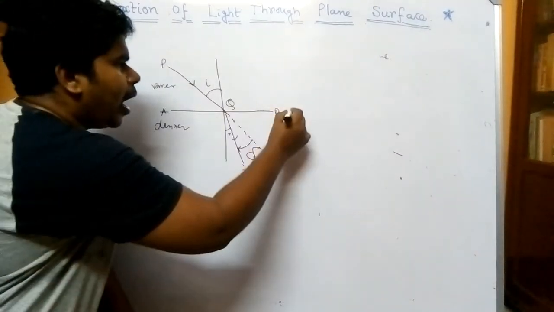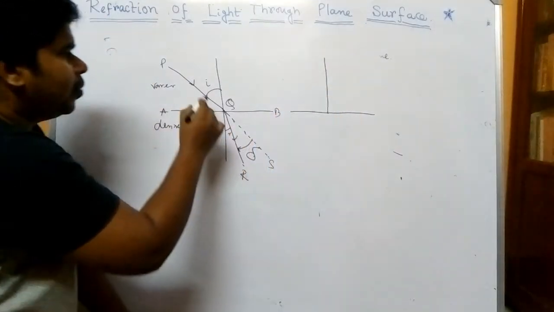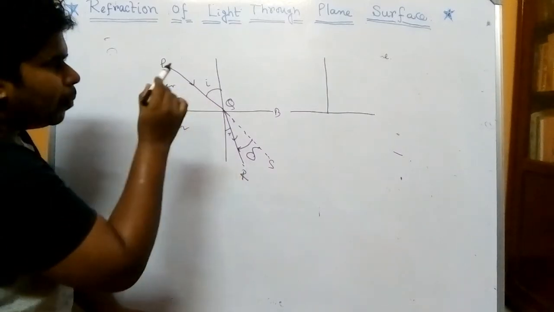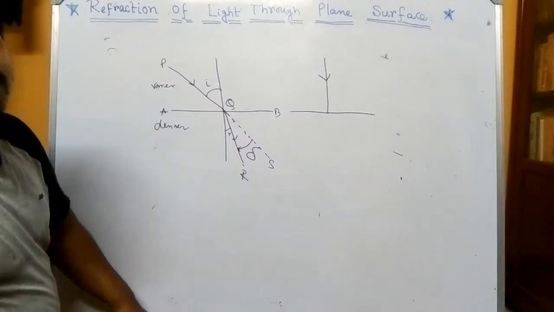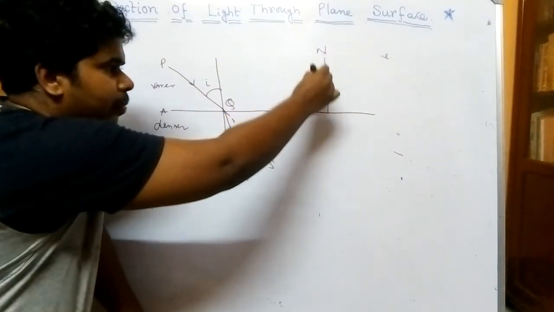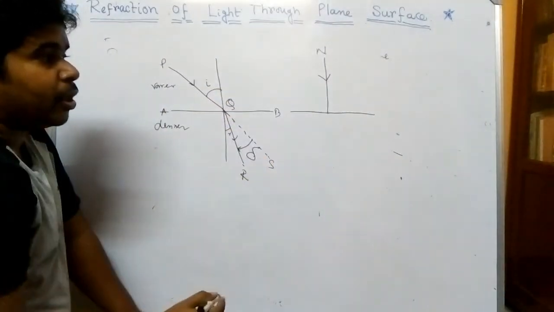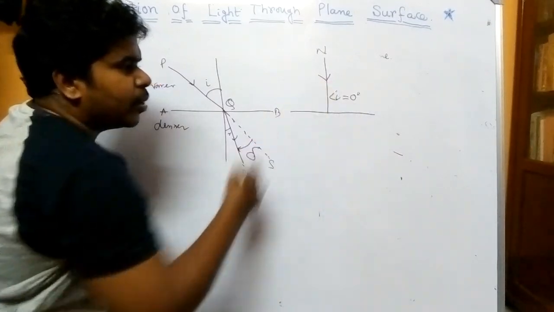But if I change the angle of incidence, assume I keep decreasing it and make the angle of incidence 0, which means the incident ray is coming along the normal. So the angle of incidence is 0 degrees.